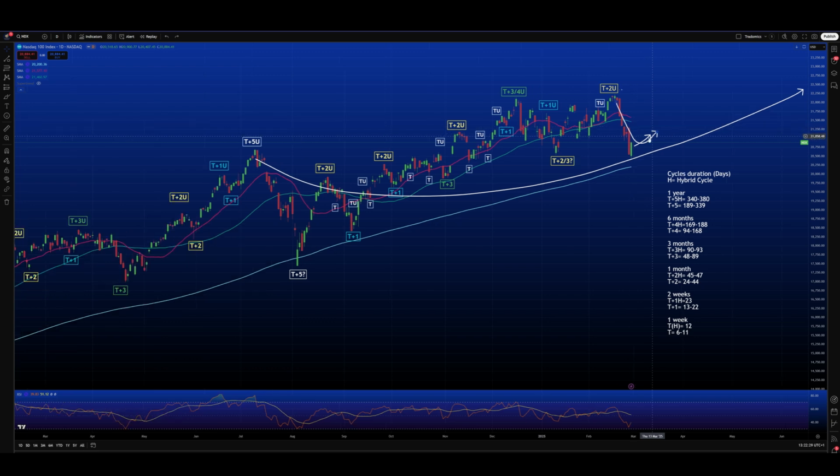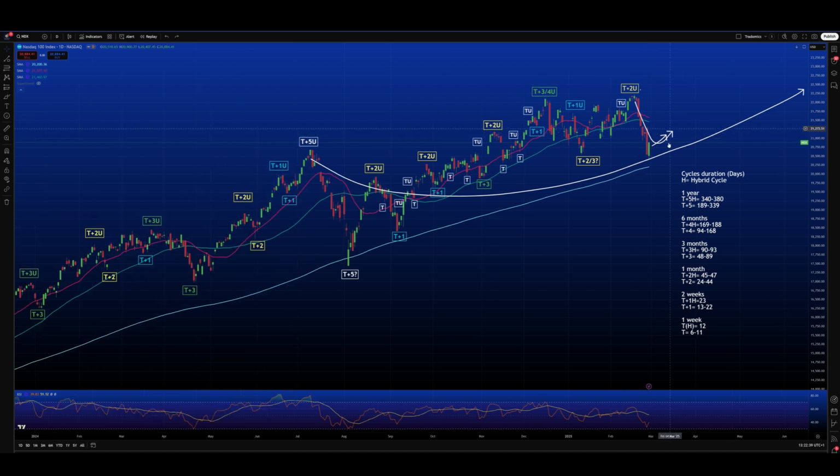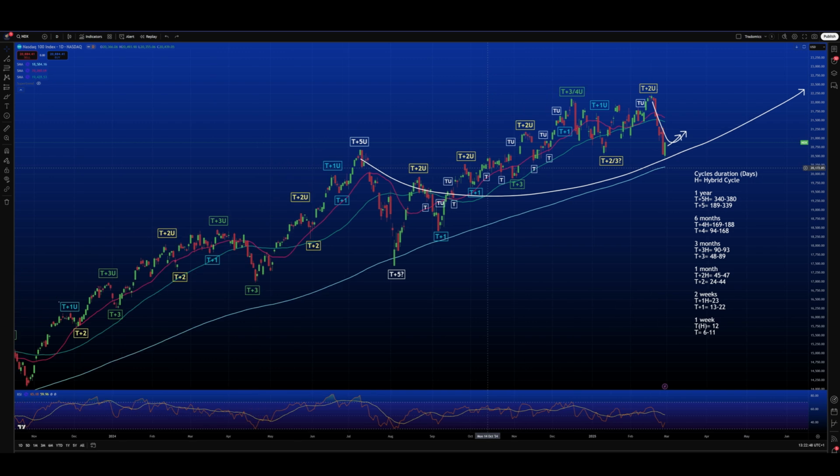Okay, so that would be the situation that we have on the Nasdaq. So Monday, candle to the upside. From Tuesday onwards, let's be careful with the long positions. And as said, here is the first natural target.